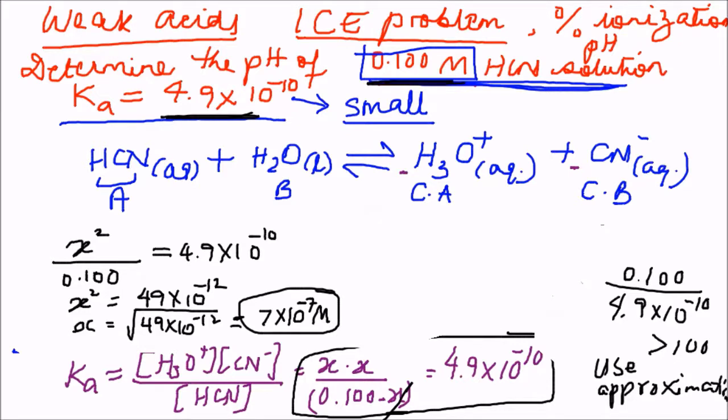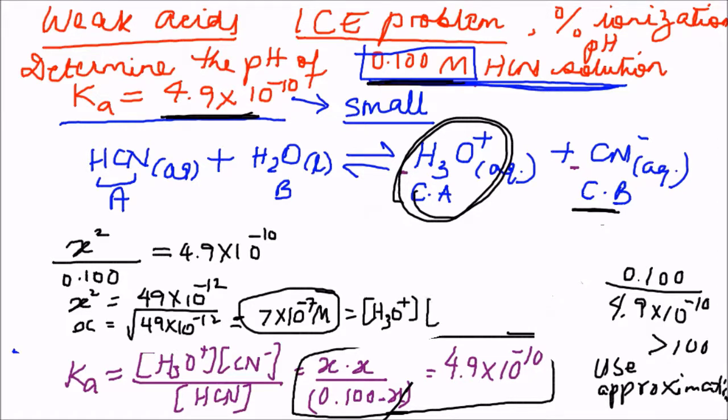But recall, what was x? When we set up the ICE problem, x was the hydronium ion concentration as well as the cyanide. So realize that I have basically determined the value of the hydronium ion concentration as well as the cyanide by solving this ICE problem.